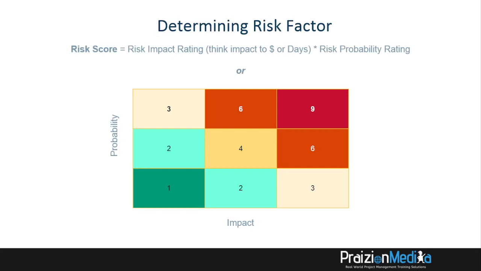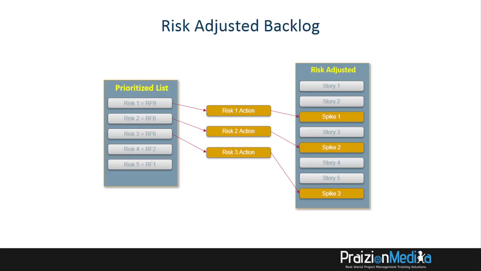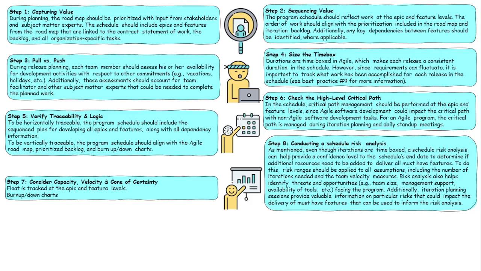And when we understand the risk factor for a set of risks, it's our job as people on an Agile team to schedule these risk actions in. So if there are any risk actions that need to be taken to protect the project, we build those in as spikes. But that's a discussion for a different day. Let's move on to the next step.